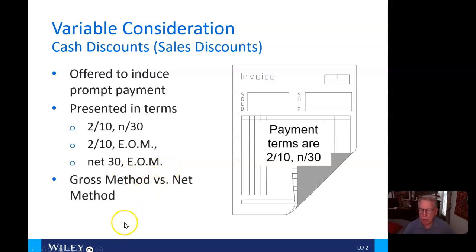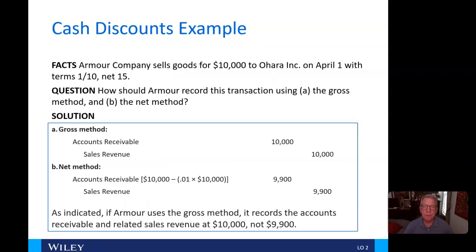So we have a gross method versus a net method. Let's look at that. Here's an example. The Armor Company sells goods for $10,000 to O'Hara Incorporated on April 1st with terms 1/10, net 15. How should Armor record this transaction using the gross method and the net method?